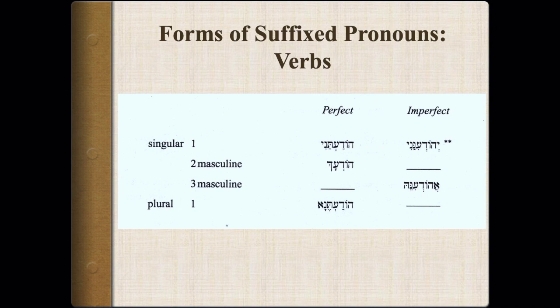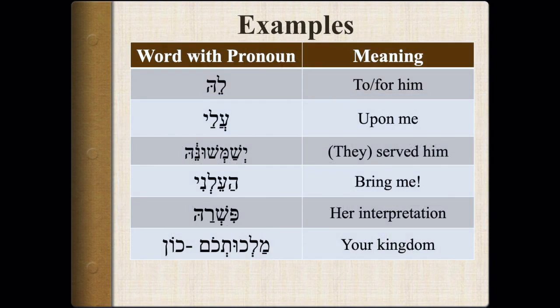And here we have forms of suffixed pronouns on verbs, just a few examples. At the end of Rosenthal, there is a table which gives you every single occurrence in Biblical Aramaic. Here are some examples of pronouns added to various other words.